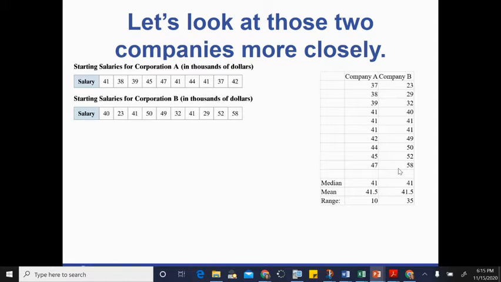Company A and Company B. And the median number was right here. The middle number was 41. And when I did the average, right, add them up and divide by 10, you get 41.5. That's the same for both of these companies, but their range was very different.